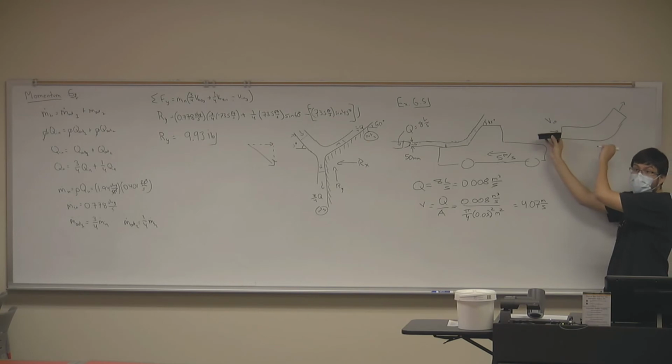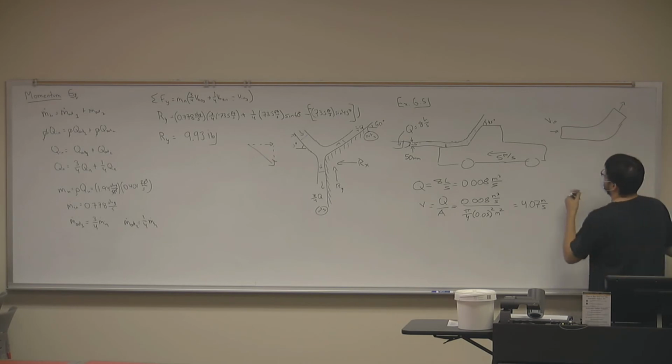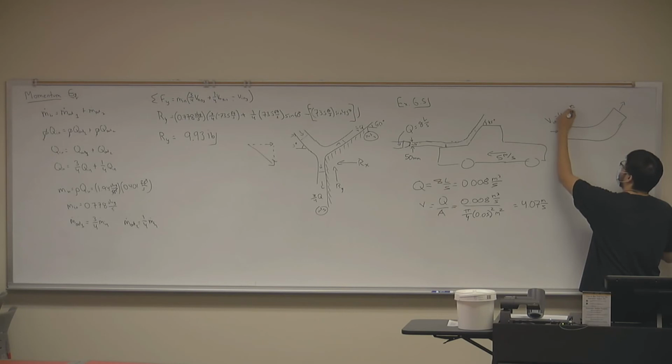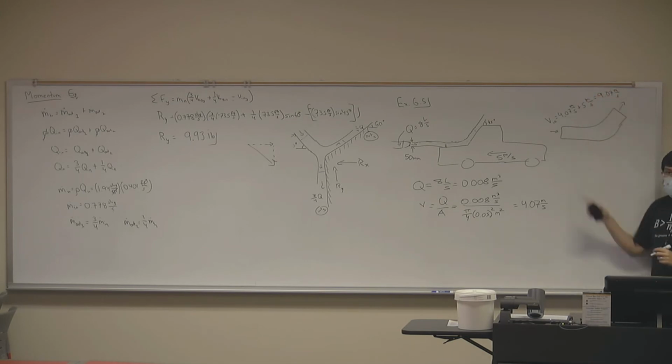You're moving at 5 meters per second. And what's the velocity at which the flow enters your control volume? Exactly, right? So we get 4.07 meters per second plus 5 meters per second, which gives us 9.07 meters per second. That's the velocity of the fluid as it enters the control volume. Is that correct? Are we on the same page here?